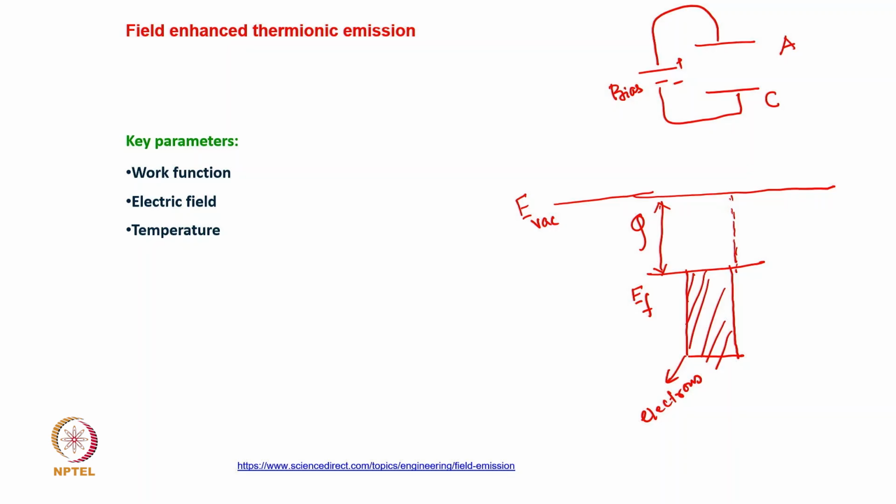So, if we can lower this barrier height, make some situation like this, then is it possible that these electrons which are there at the Fermi level can be emitted?